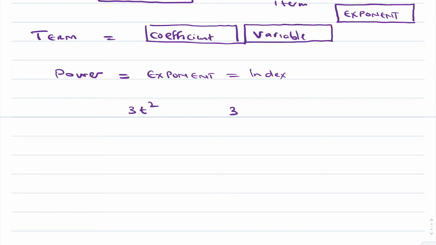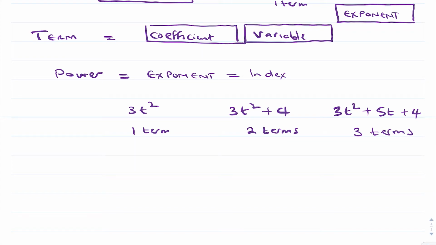But if I have 3t squared plus 4, that will be two terms. If I have 3t squared plus 5t plus 4, that will be three terms. So that's one term, two terms, three terms.